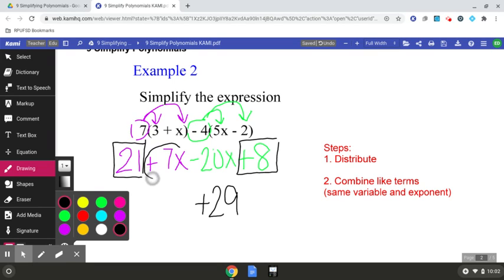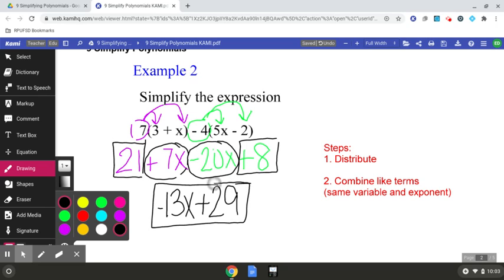So 7x minus 20x, or 7 plus a negative 20, would be negative 13x. We always want to write our answers in standard form, which means our x goes first.